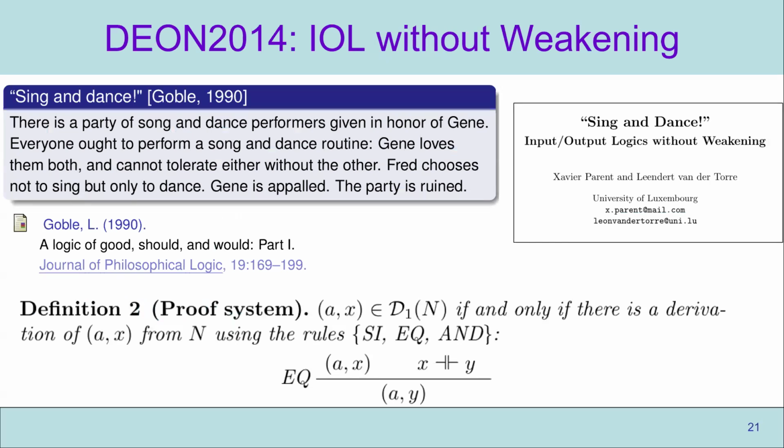So the first thing which happened around 2012 is that several people had what we call minimal input-output logic, where you don't close the output under classical consequence, but instead, just like in modal logic, you can have a replacement of logical equivalents. Then we also wrote a paper about this, and if you write a paper in the object logic, you always go to the philosophical literature and find some examples to argue for your new system.